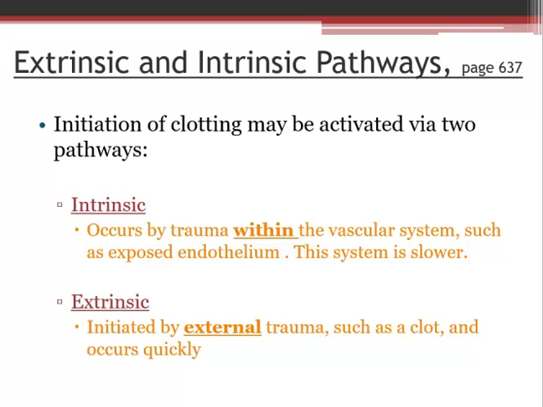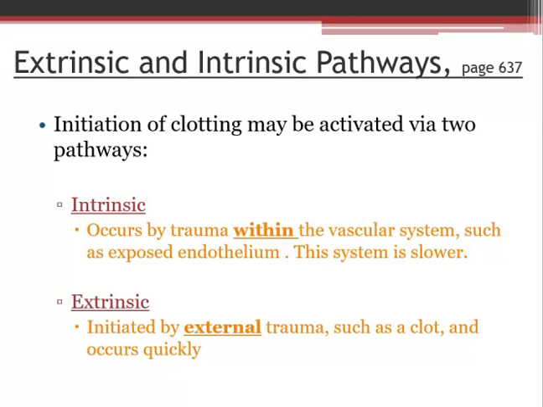Okay, so there are two different pathways, like I said, for the coagulation cascade. So there's initiation of clotting that may be activated by one of these two pathways: the intrinsic and the extrinsic. The intrinsic usually occurs from trauma within the vascular system. So something's happened within the blood vessel walls, such as exposed endothelium.